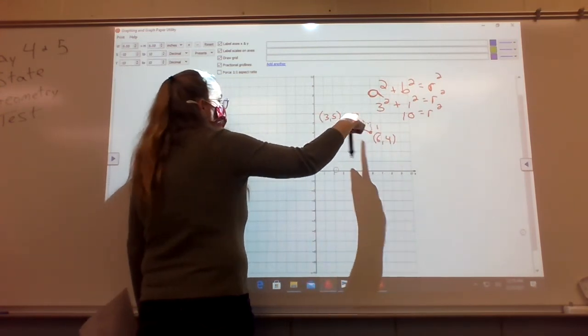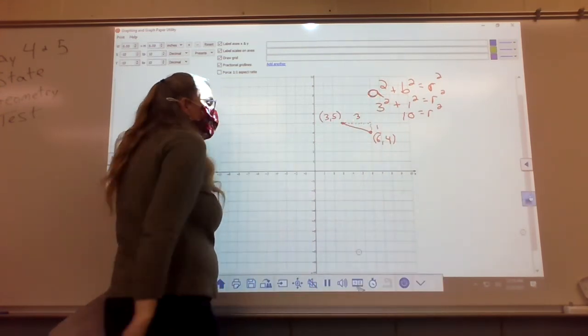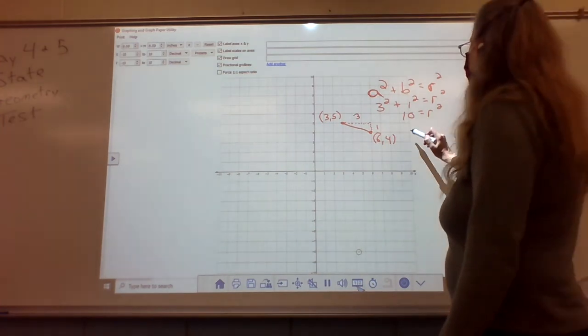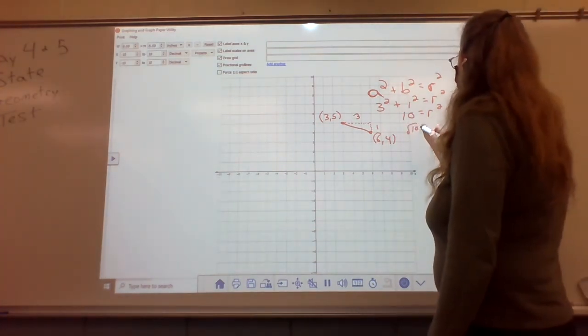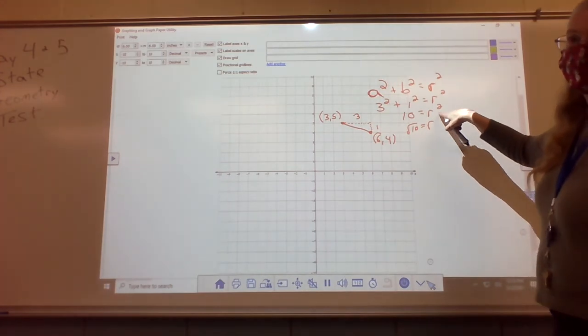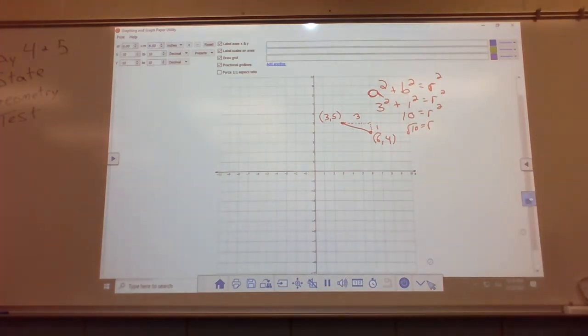That's going to tell me what the y changed. I can stick it into the Pythagorean theorem to figure out the radius. Now, technically, the radius would be the square root of 10. But if I'm putting it into the equation, I'm just going to use this number, because remember, the equation uses radius squared. So let's see what this actually looks like now. Let's go back to the paper.